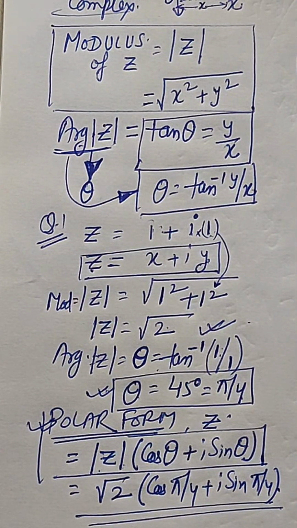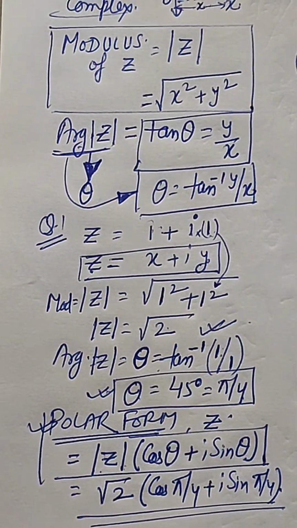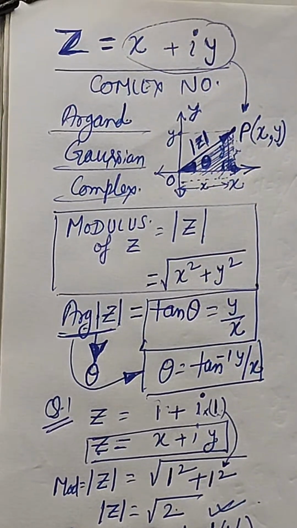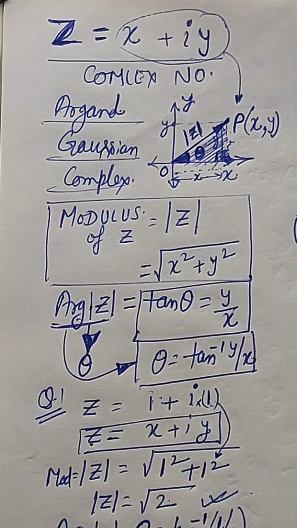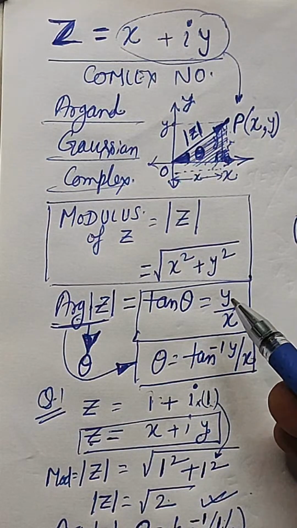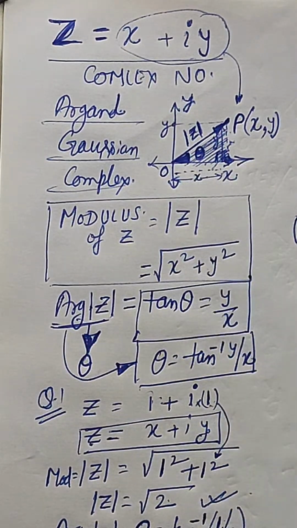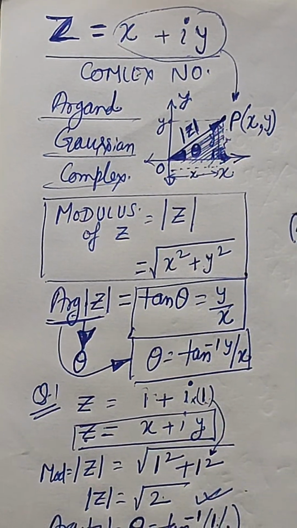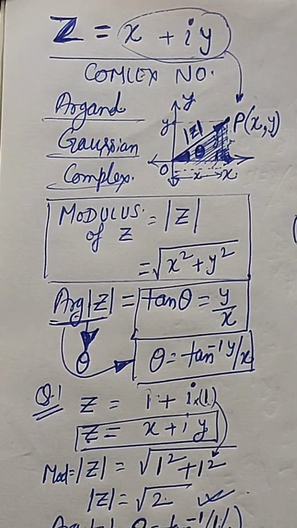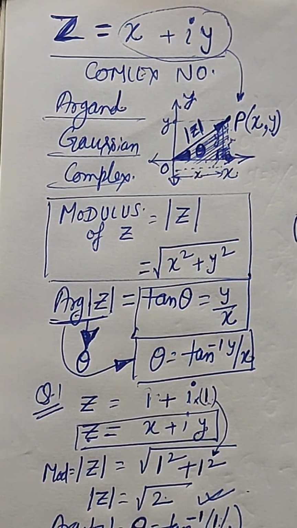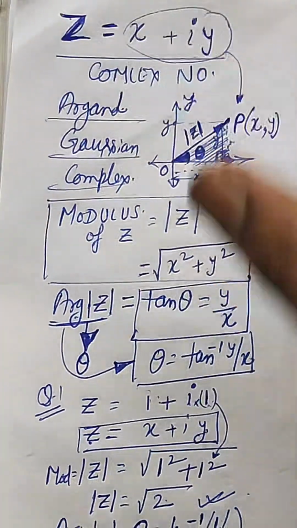Now if you want to take more questions for the modulus and argument, we can take them, okay? But try to understand the basic idea. As we saw in the coordinates, what are the values of x and y, what is the resultant one, okay? How we are calculating it, that we learned, right? Now let us take a few more questions quickly.